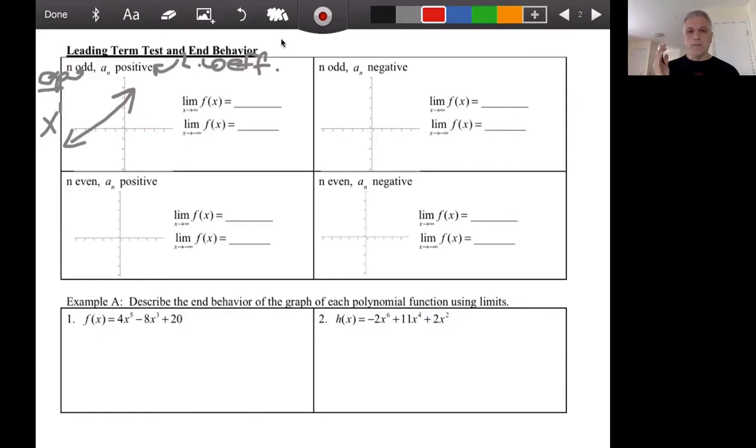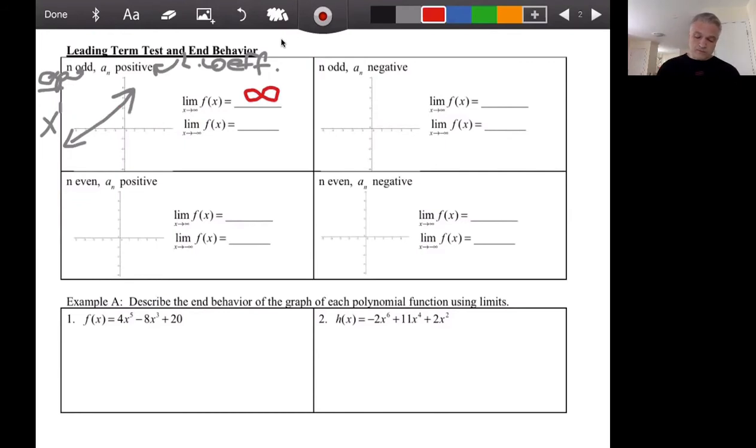This is read as the limit of f of x, or the limit of y, as x approaches infinity. So as x goes to the right, to the end of your graph, as it goes forever to the right, where is your y, or your f of x, going? It's going up. So it's going to infinity. That's going up to the right.